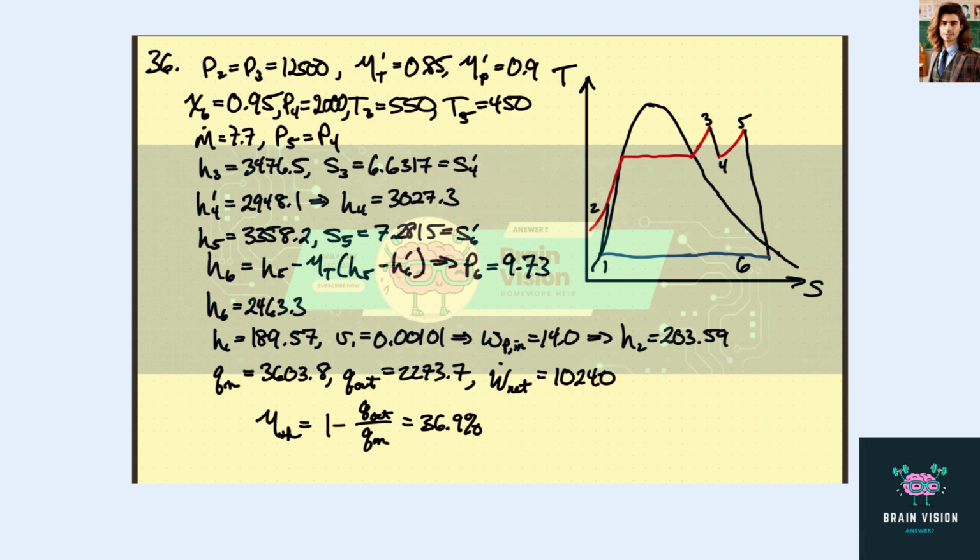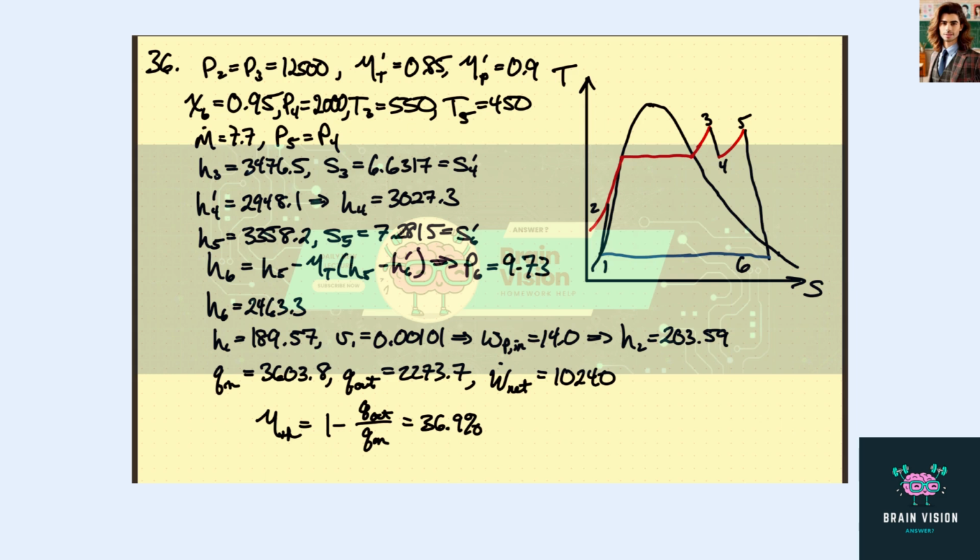So we can play around with P6 until we get a value of P6 with S. Combine these two to find H6 prime, combine this and this to find H6, and keep guessing until you find a combination that makes this equality true. When you do that, you'll get 9.73 kilopascals.